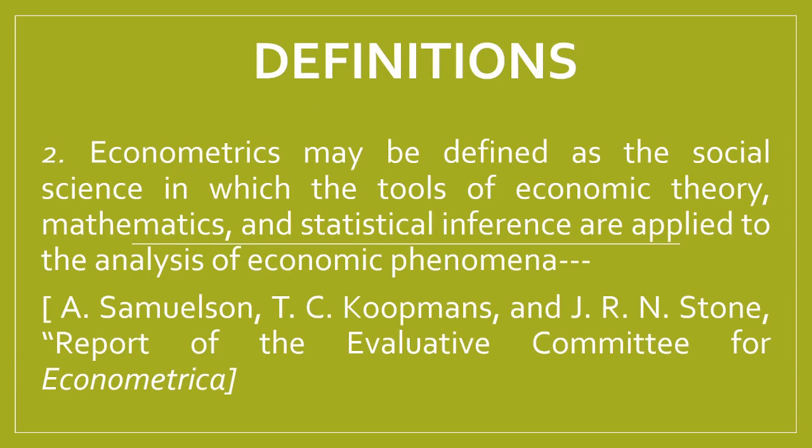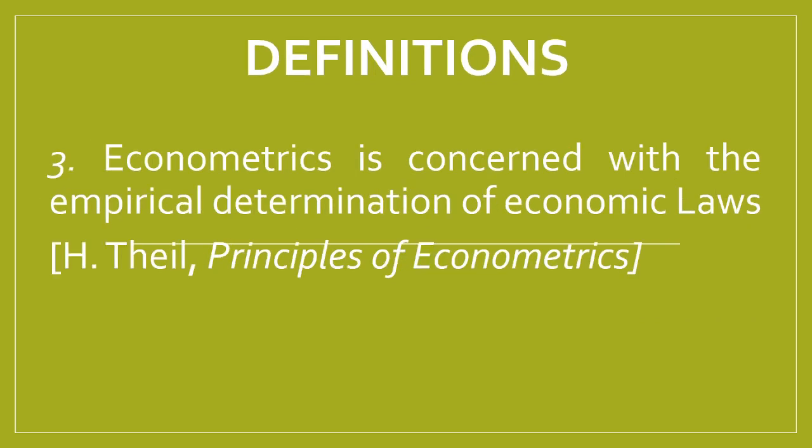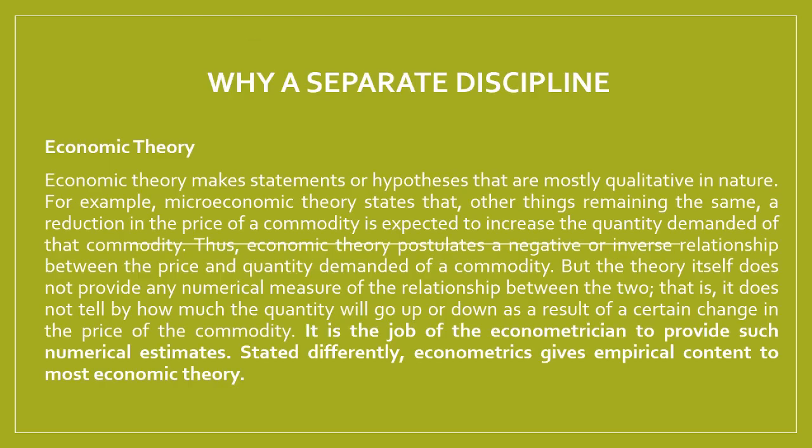And the second one is that it is a social science, a unification of economic theory, mathematics and statistical inferences, for proving the economic phenomena. And the third one, given by Henry Theil, is that econometrics is concerned with the empirical determination of economic laws.